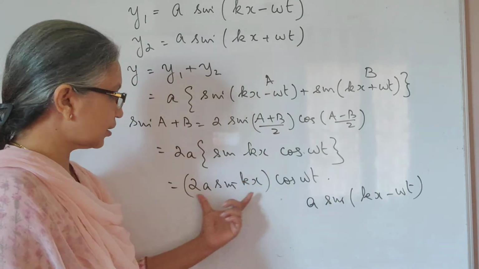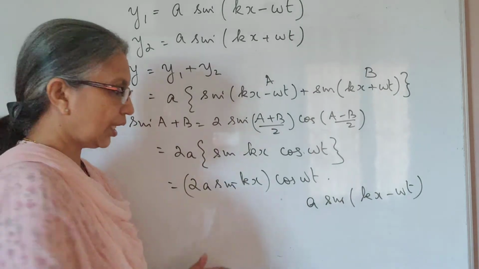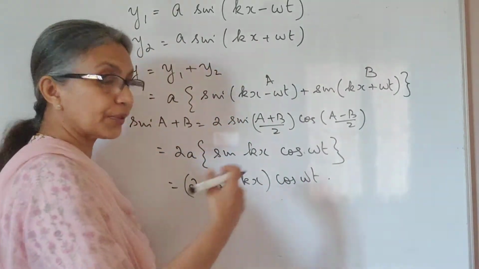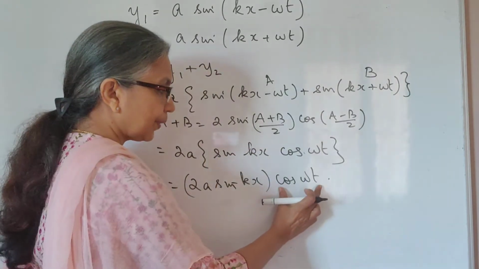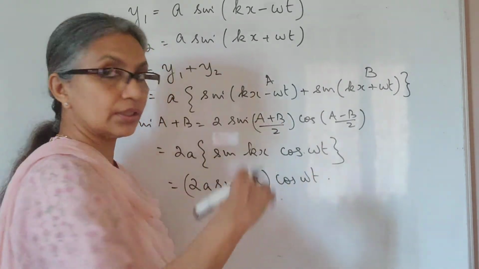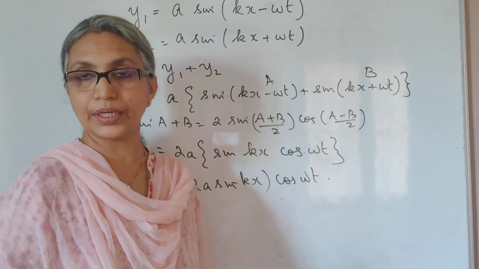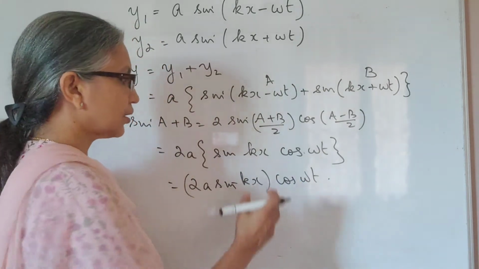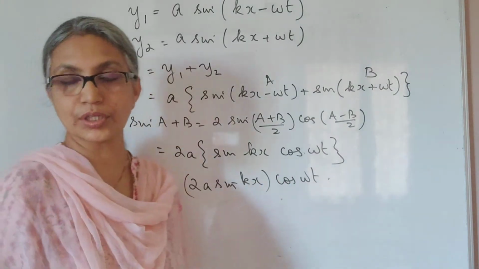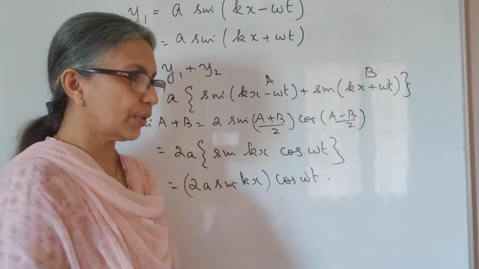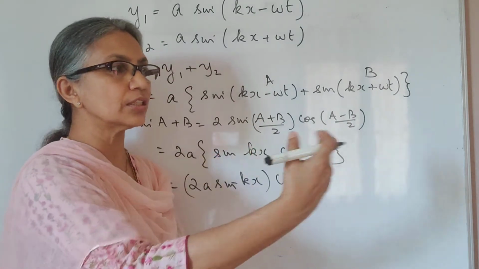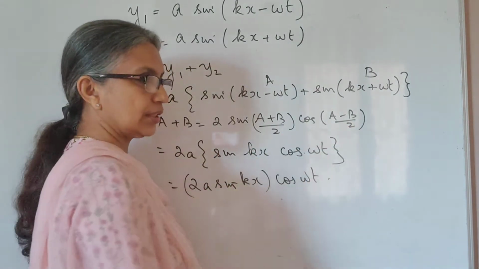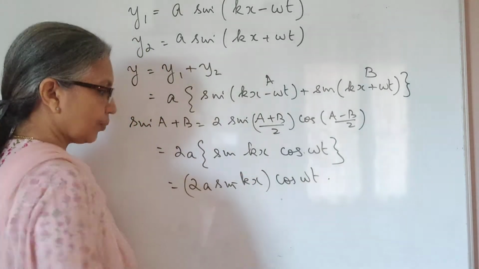Now you will see that this is clearly not of that form, and therefore this is not propagating energy. This is simply an oscillating term like we did in oscillations, a cos omega t. So this just represents an oscillating wave, and such a wave is what you call a stationary wave or a standing wave, where the wave does not propagate energy along the medium but simply oscillates. This is the oscillating term, oscillating with the frequency omega.